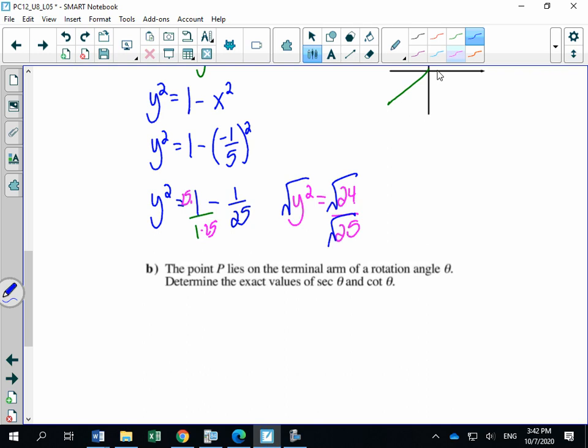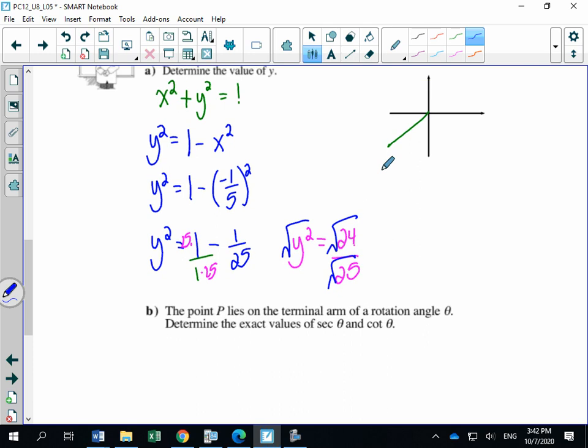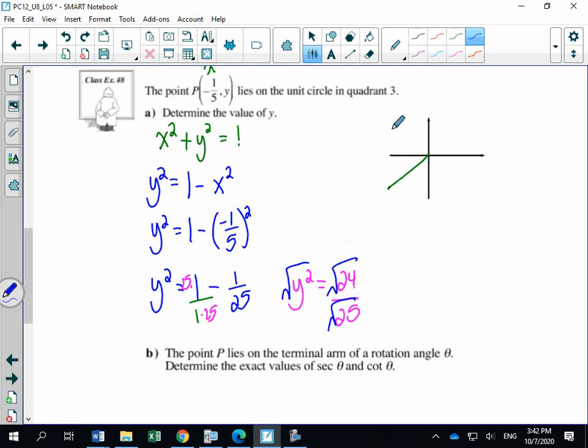The square root principle tells us that the answer would be positive and negative. But if you look at quadrant 3, the reason why they tell you it's in quadrant 3, you know that your y is going to be negative. Okay? So y is equal to negative root 24 over the square root of 25, which is 5.